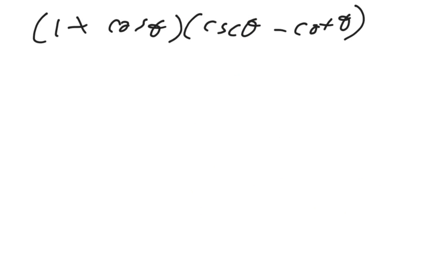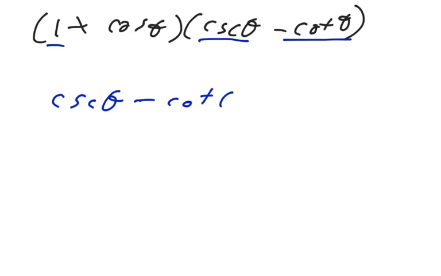Here's another simplify one. First I'm going to multiply these together. So 1 times cosecant is cosecant theta. 1 times negative cotangent theta is negative cotangent theta. Then I multiply cosine, so we got plus cosine theta cosecant theta, and then plus cosine theta cotangent theta.